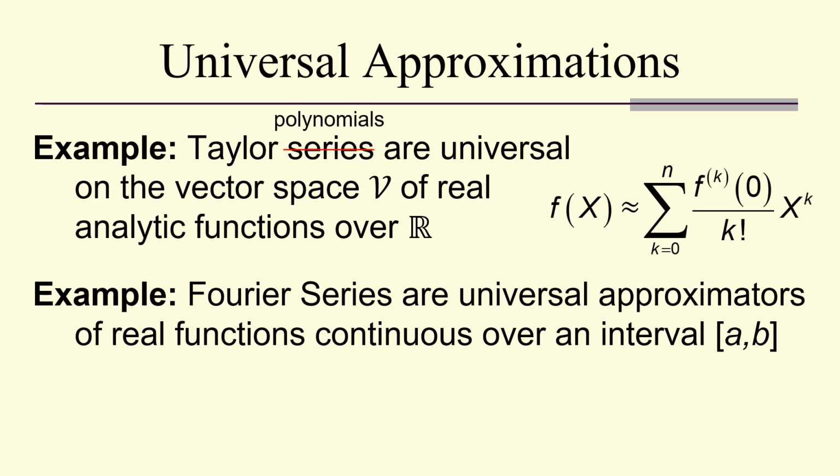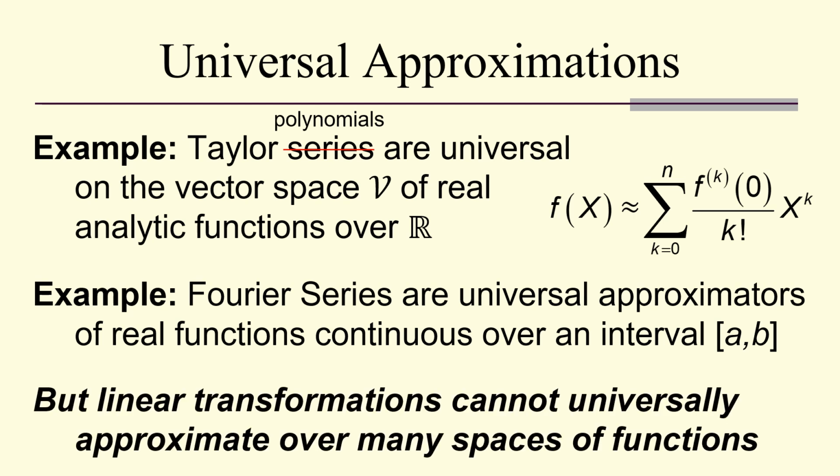Fourier series are universal approximators of real functions continuous over an interval. But linear transformations cannot universally approximate over many types of vector spaces of functions.